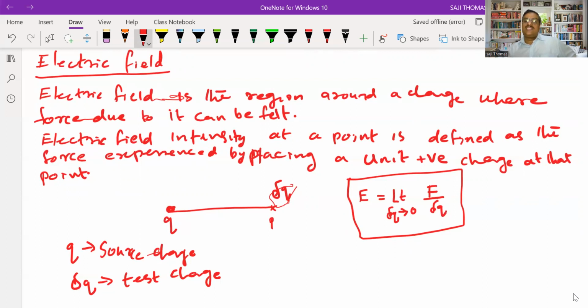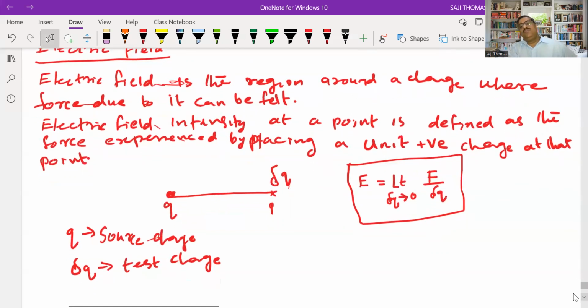So we won't get the exact field at that point. If the test charge is large, it will have its own field, right? That will interact with the source field. So we will not get the exact electric field at the point P due to the source charge. We will get a resultant field, right?